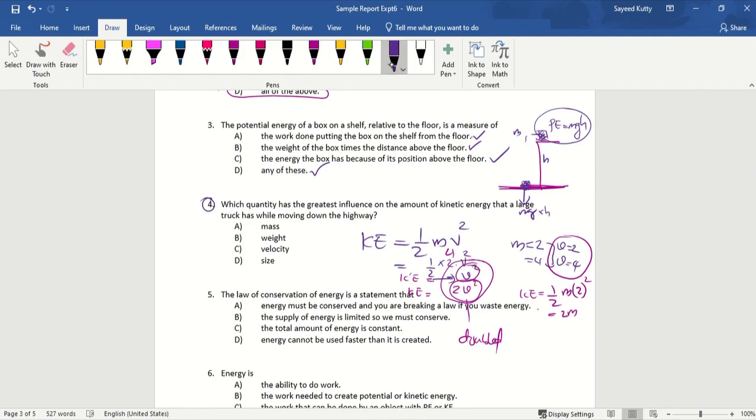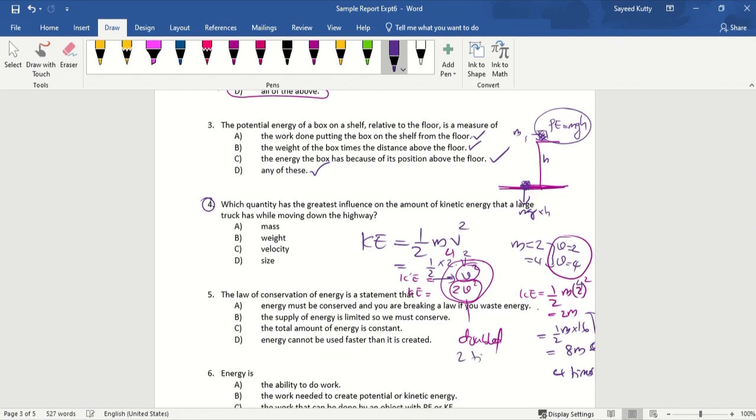Now if I increase the velocity from 2 to 4, what will happen? 4 square is 16, so half into m into 16 will be 8m. How much did the kinetic energy increase? From 2m to 8m. So the kinetic energy increased 4 times.